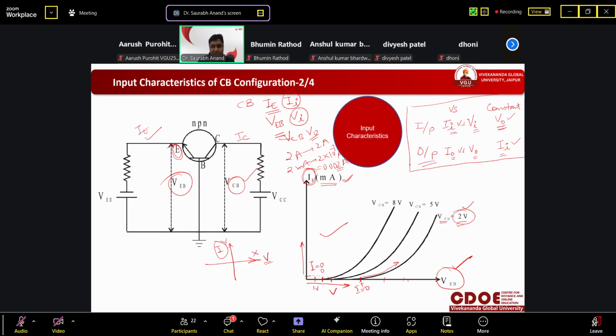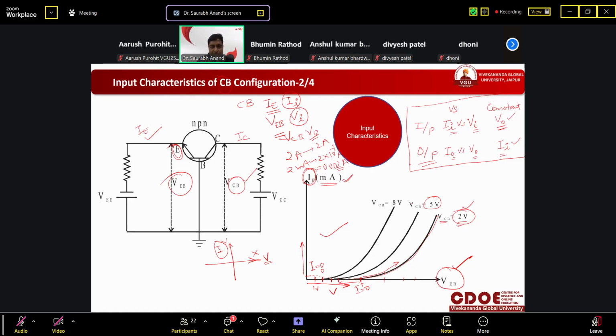We increase this, got the value of current, and drew this characteristic. But after increasing the output voltage to 5 volt, we have seen that the current is 0 for a smaller range, so it is reduced. It means at a lower voltage we are getting the current value.